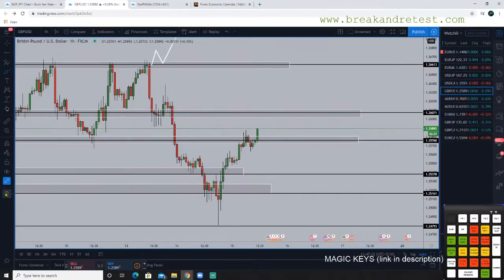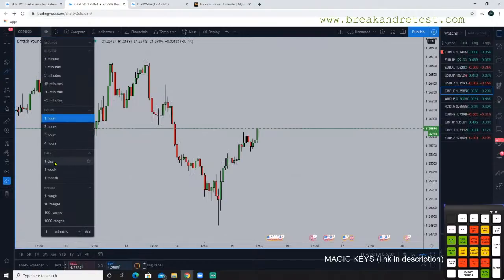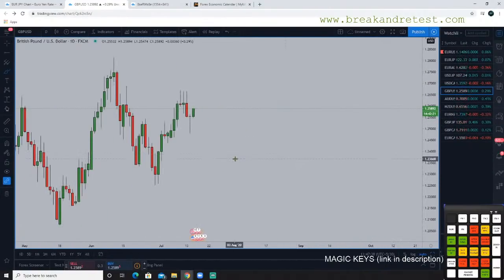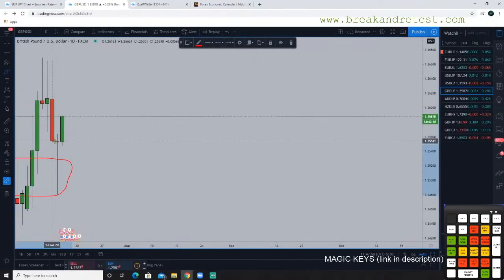What about GBP USD? We go on the daily. Daily got rejected from this daily zone and closed all the way up. Can't say it closed bullish because it didn't, but almost there.